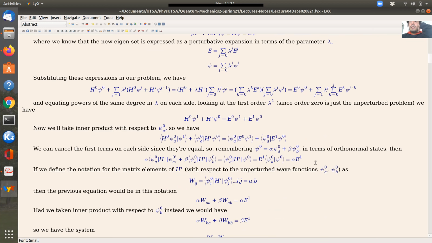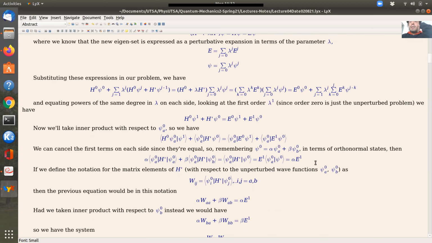So this is nice, especially because we have a simple case of a two-dimensional system where we have an eigenvalue problem, essentially, right? We have the vector alpha beta multiplied by the constant E1, and then we have the matrix W defined naturally with this notation with indexes a and b, multiplying the vector alpha beta.